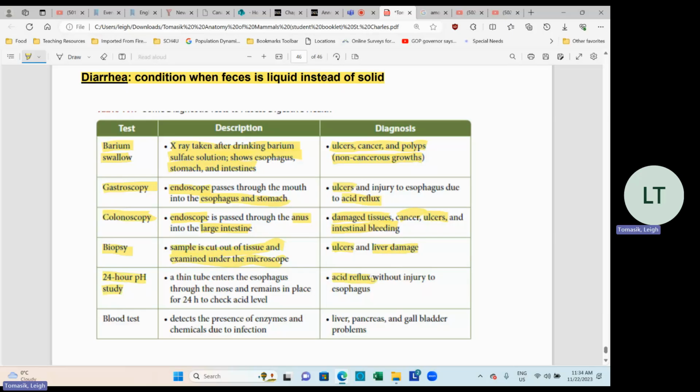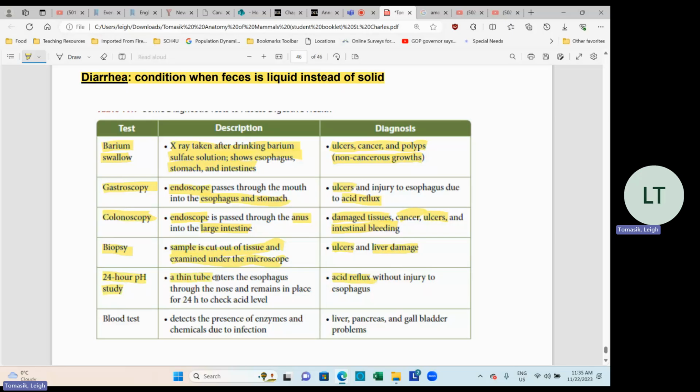Acid reflux happens when the sphincter at the top of your stomach doesn't work well. So people whose top stomach sphincter is not working well, what's going to happen is the acid is going to go into their esophagus, and your mucus lining isn't as good in your esophagus, so it's going to cause heartburn, right?